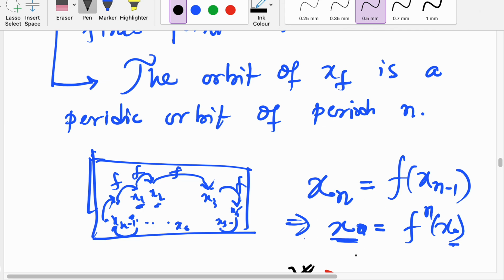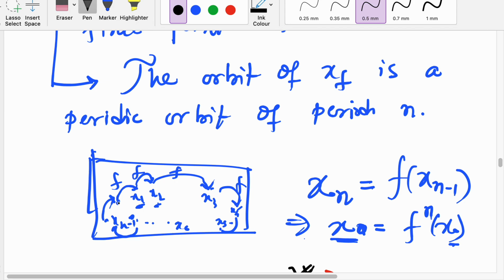And if I see from another perspective, suppose we apply f on x0 n times, and it travels through many other points. Suppose from x0 it goes to x1, then it goes to x2, x3, and so on and so forth, and then goes again to x0.